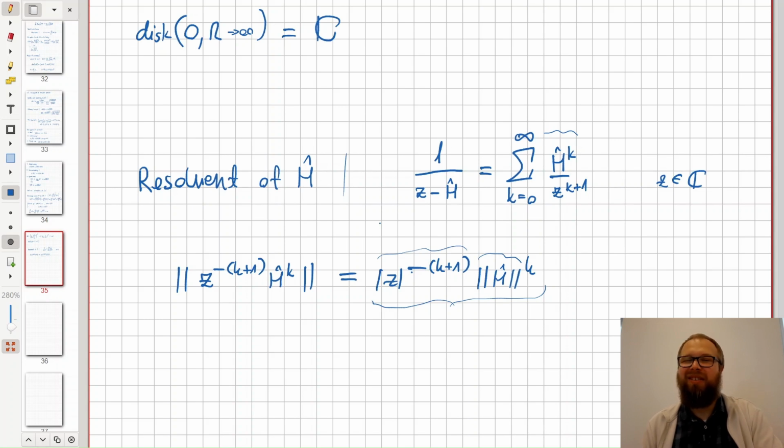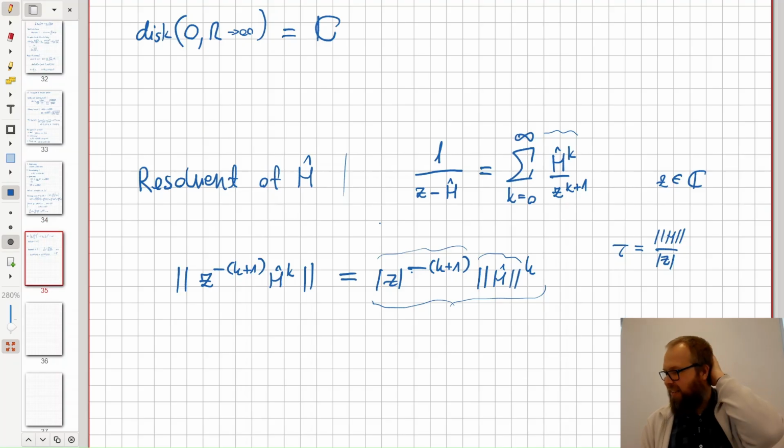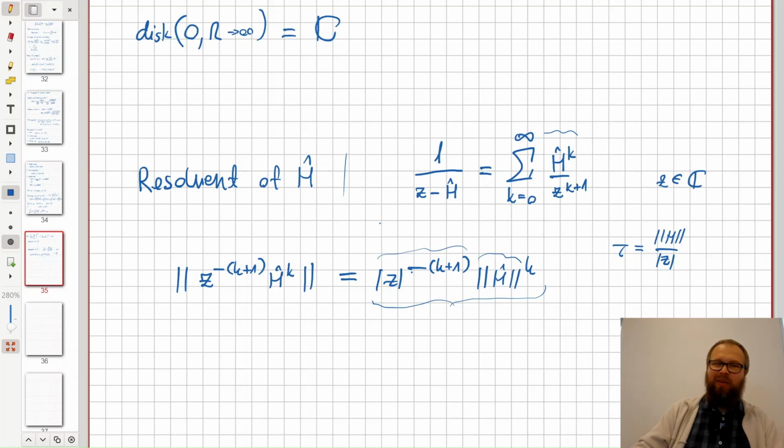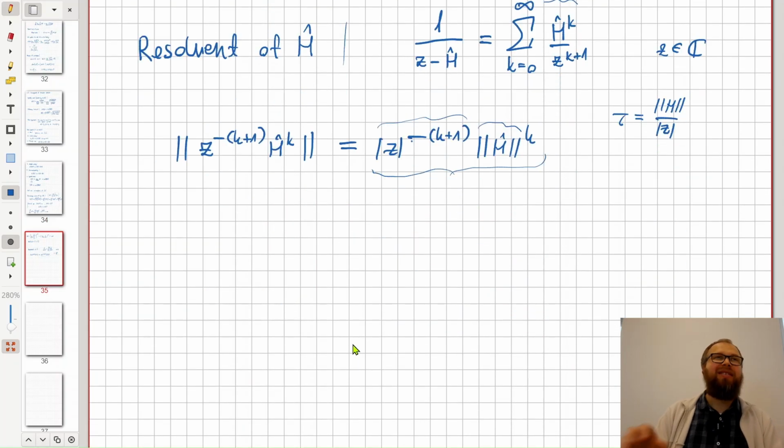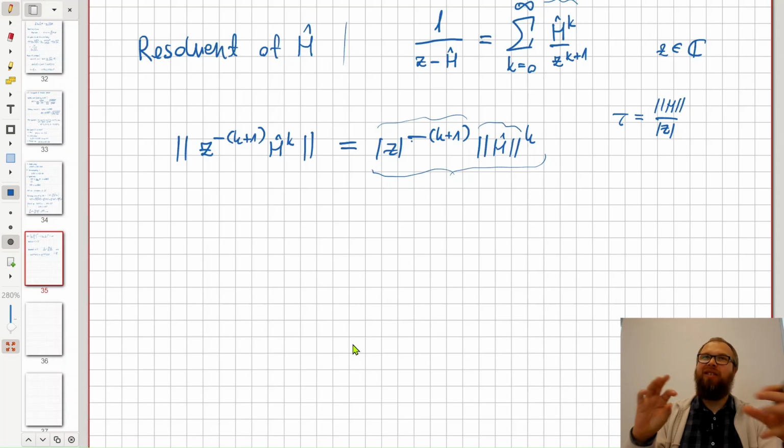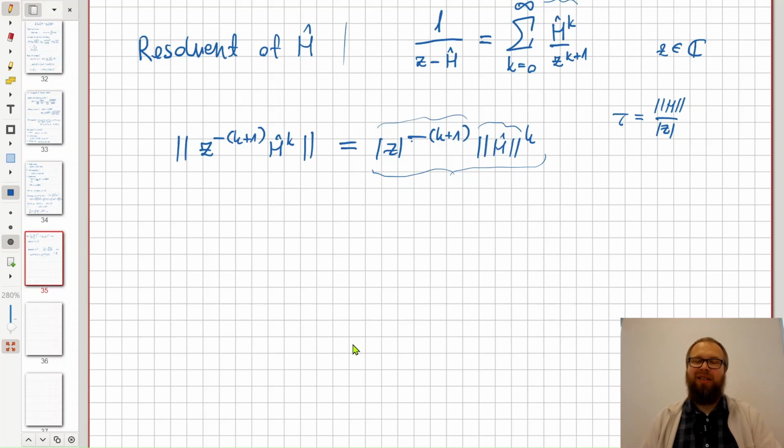Or maybe this is a geometric series with some fixed common ratio, something like H over z. It's a matter of how you choose to view this bounding series. But whatever the case, we want to perform a ratio test for it to see if it converges, where it converges, and how it converges.